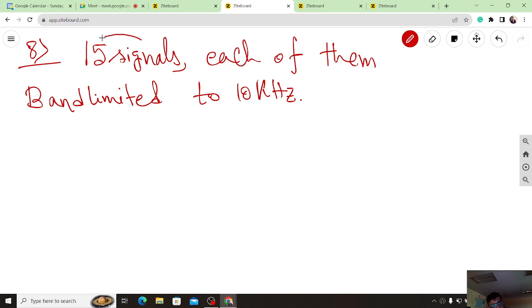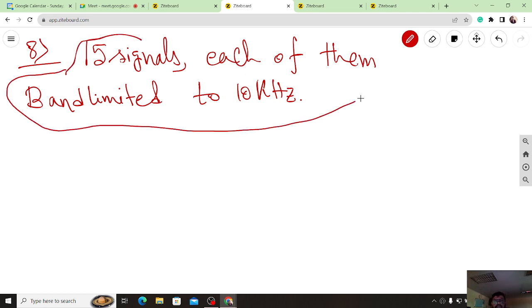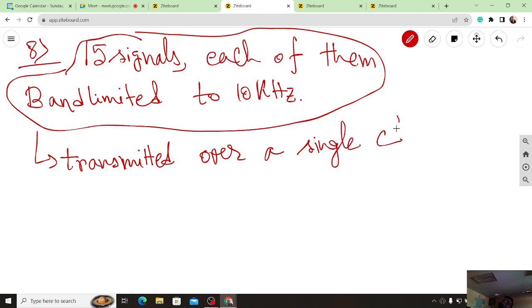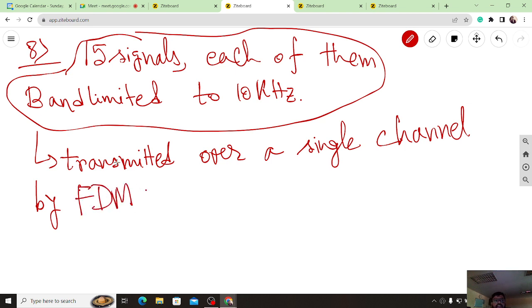All of these signals need to be transmitted over a single channel by frequency division multiplexing. That is FDM we are using here. So there are 15 signals, each band limited to 10 kilohertz, and all of these signals should go through a single channel by only frequency division multiplexing.